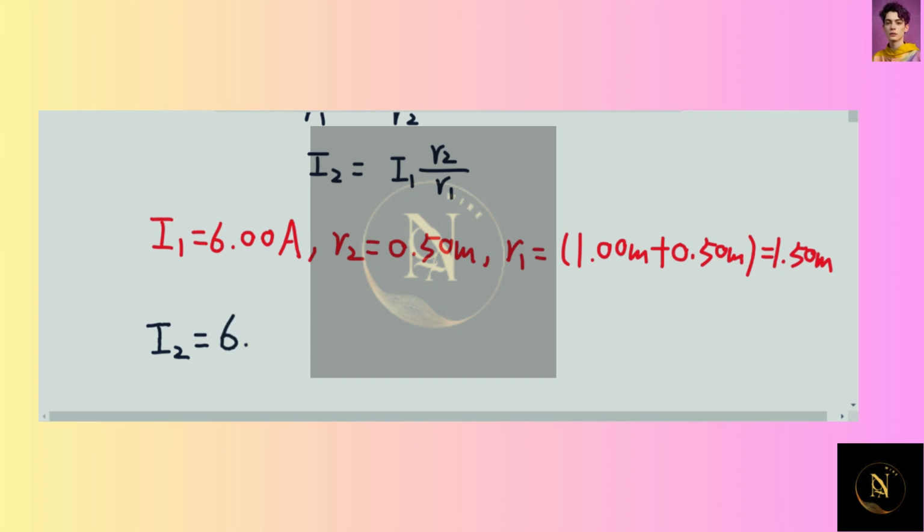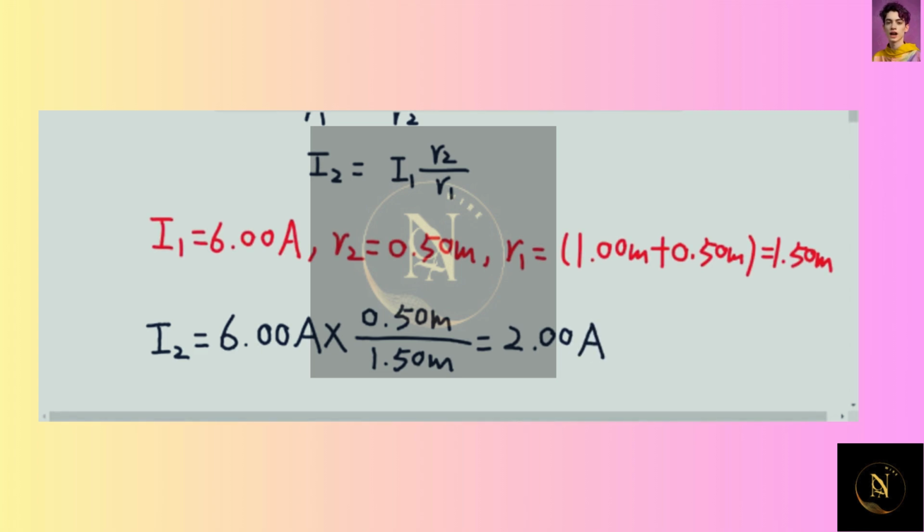The current at wire 2 is equal to 6.00 ampere times 0.50 meter over 1.50 meter.